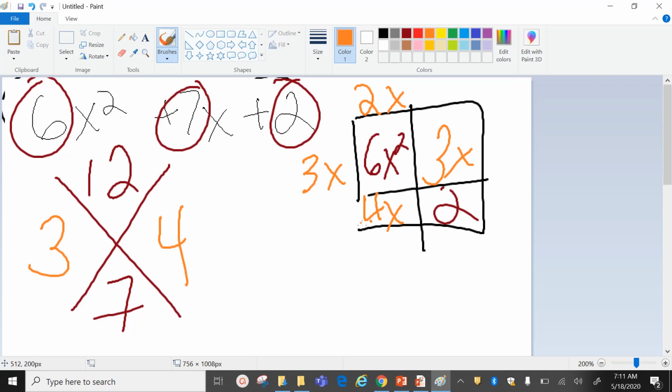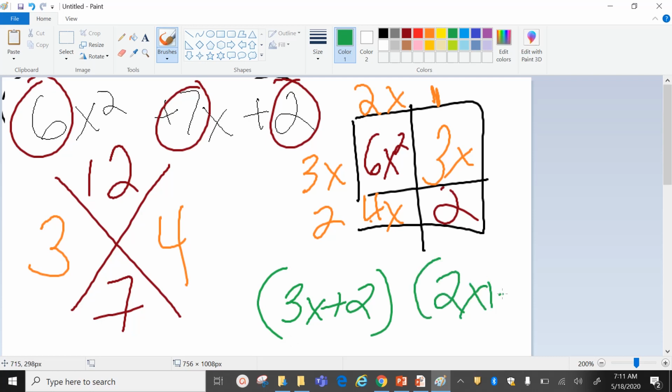What times 2 will give you 4? 2. What times 2 will give you 2? Or what times 3 will give you 3? 1. So our final answer is 3x plus 2 and 2x plus 4.